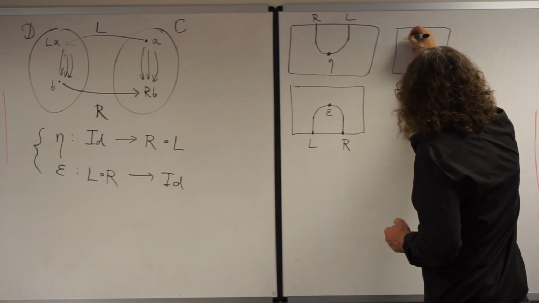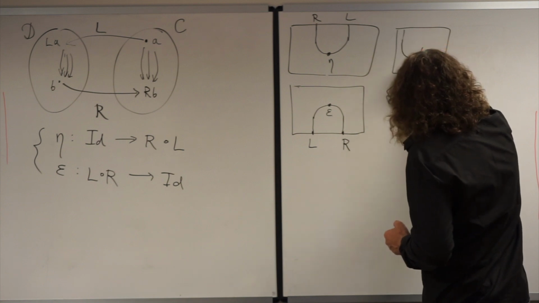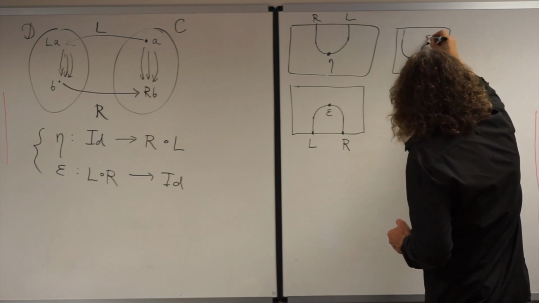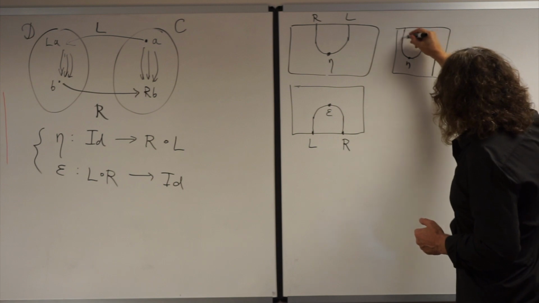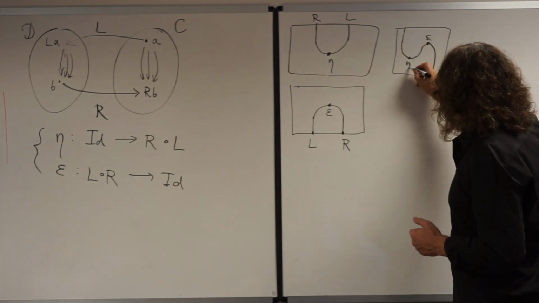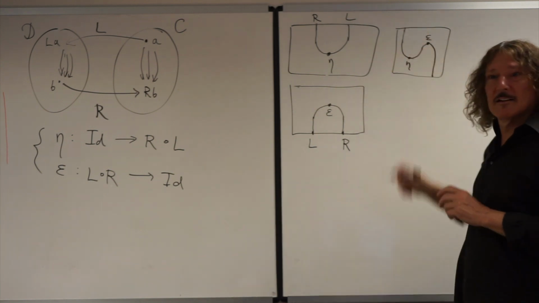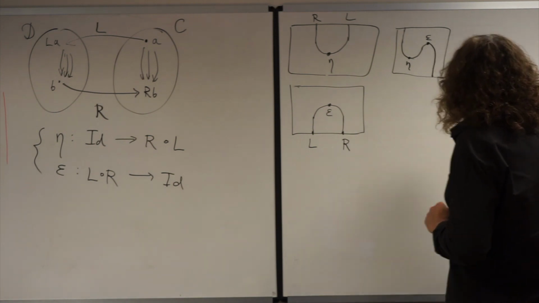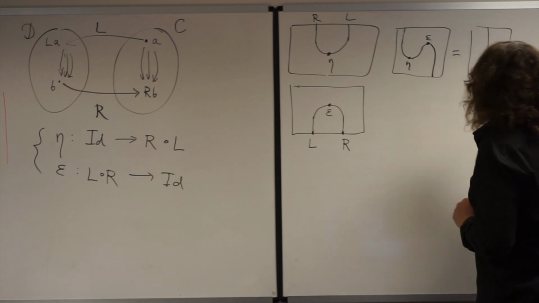So we can say, okay, with eta, we can go like this, and then we can follow it with epsilon like this, right? So we combine, so this is sort of like a diagram. Some people call it a snake, you know, or sort of like a plumbing diagram of a sink, right? And this is supposed to be equal to just a straight line.